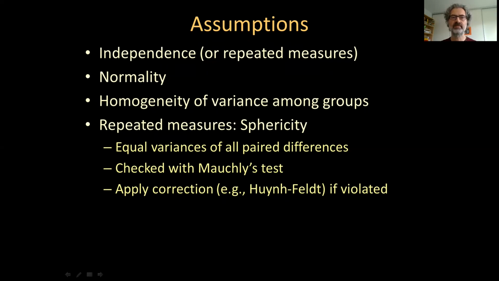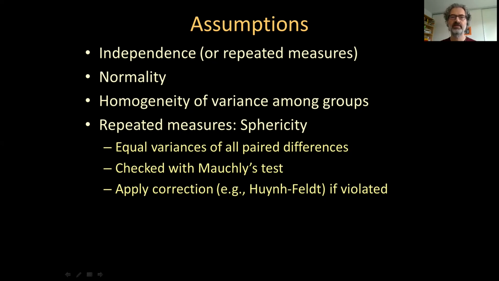The second assumption is normality, and that's assessed in the usual way when we look at our data with the Shapiro-Wilk test or other tests of normality. If there are between participant factors, those factors must fulfill the homogeneity of variance assumption across their groups, across their levels.